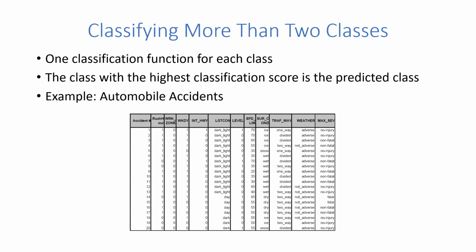So for a 3-class problem, there will be 3 classification functions. The class with the highest classification score is the predicted class, and the classification scores can be translated into probabilities just as in the 2-class cases.